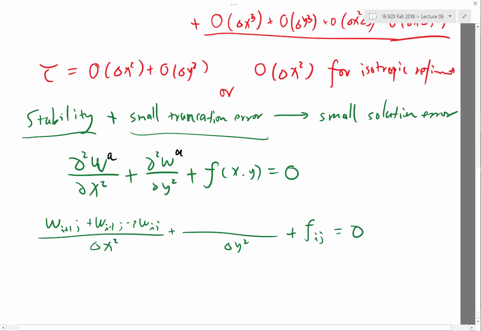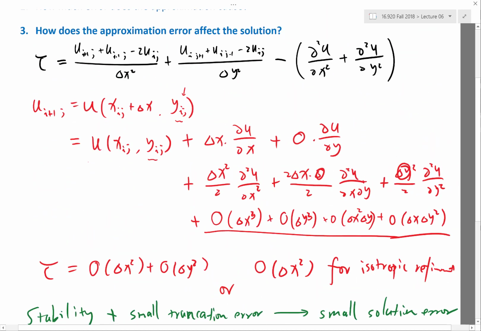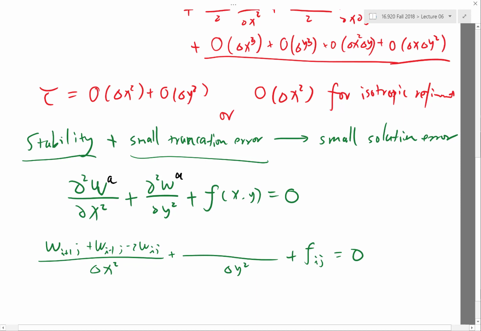But that is not the truncation error, right? Because the truncation error requires the numerical and analytical second order derivative to be operated on the same function. And here I have different functions. The analytical differential equation is satisfied by the analytical solution, while the numerical equation is satisfied by the numerical solution. So w and w^A are different in this case.